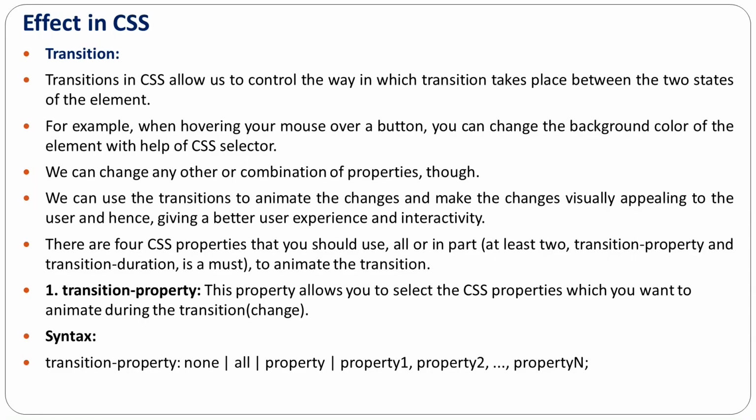There are 4 CSS properties that you can use, all or in part. At least 2, transition-property and transition-duration, are a must to animate the transition. Okay, there are 4 properties in total, but you can use all or in part, with at least 2 used: transition-property and transition-duration. First, transition-property allows you to select the CSS properties which you want to animate during the transition.